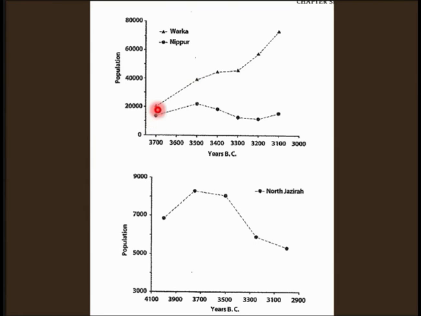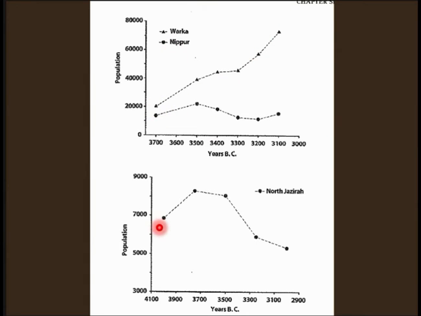What you see is during this Uruk period, the population of that city increases exponentially, right? It really takes off. Another southern Mesopotamian city kind of increases and decreases a little bit, but this is not quite a huge city. This is Nippur, as we'll talk about later in the semester. The city of Uruk is really taking off.